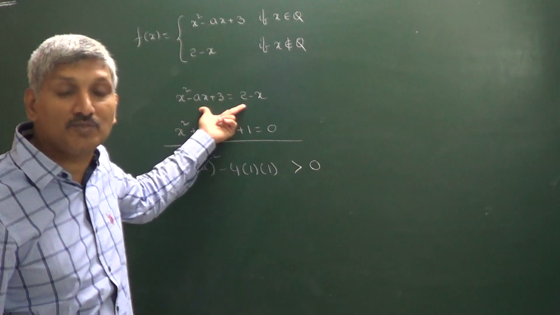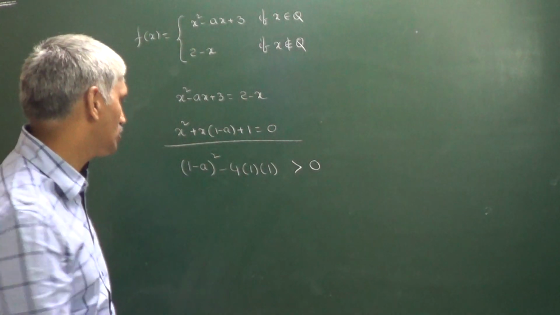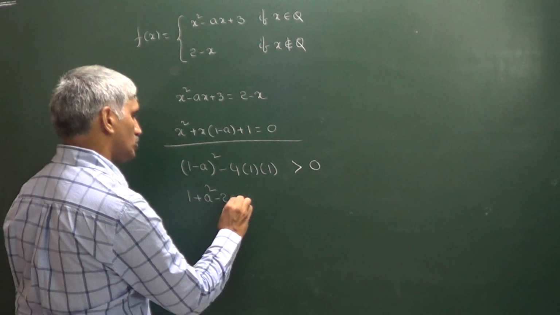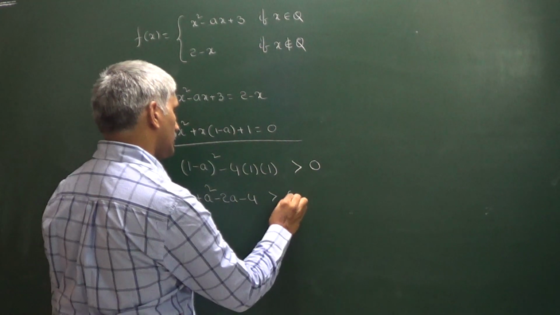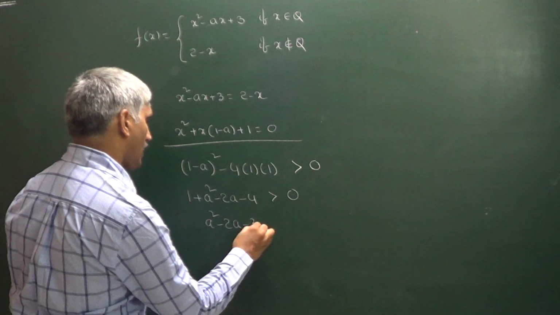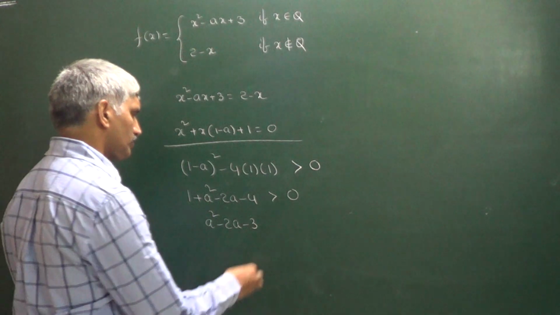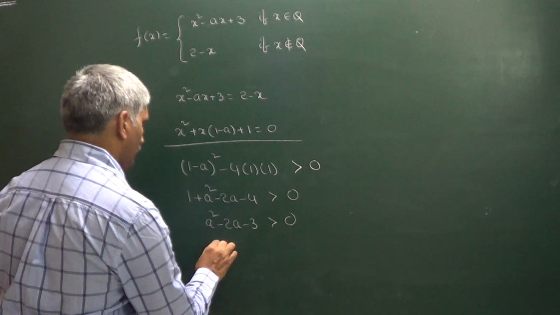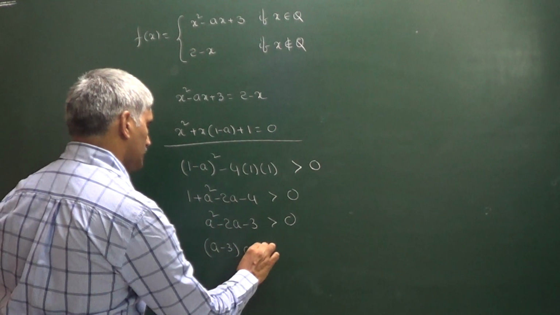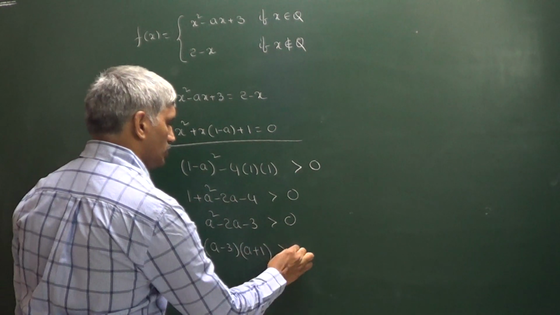Two values of x means b square minus 4ac greater than 0. So that's why (1 minus a) square minus 4 greater than 0, therefore a square minus 2a minus 3 greater than 0. Therefore we will get (a minus 3) into (a plus 1) greater than 0.